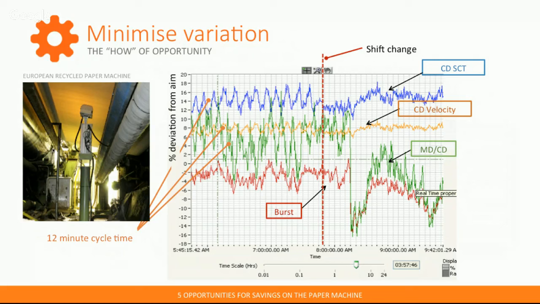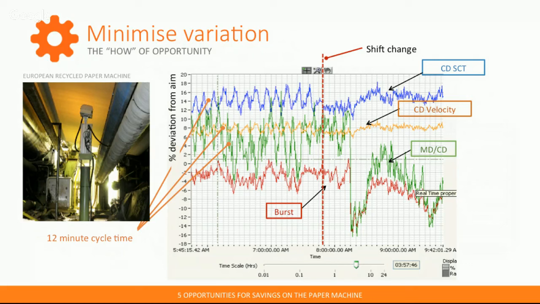And the issue here is that the blue line has a very cyclic response in SCT, and clearly it's coming from the MD-CD ratio. The green mirrors that oscillation, and it runs up to the shift change. So obviously there's a forming issue, MD-CD ratio and instability in terms of MD-CD control.